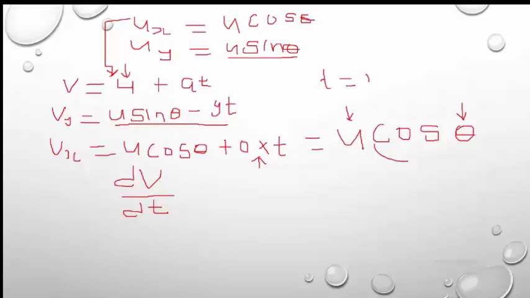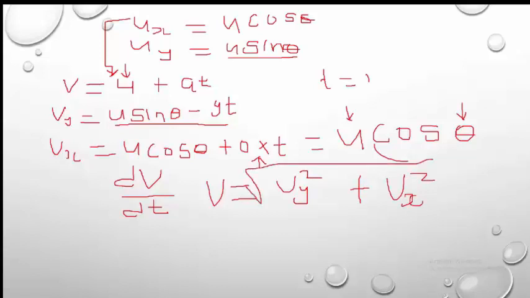The other thing we need to know is our resultant velocity, which is the v. It will equal vy squared plus vx squared, then you find the square root. So this v will be equal to, what is my vy?